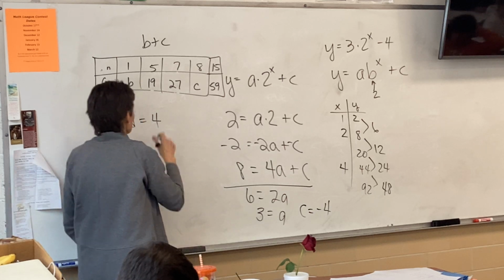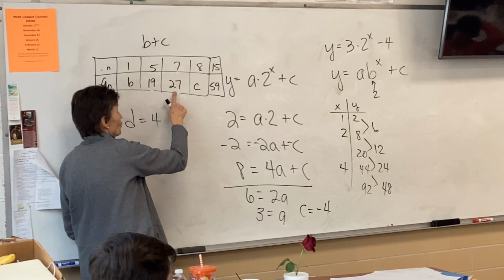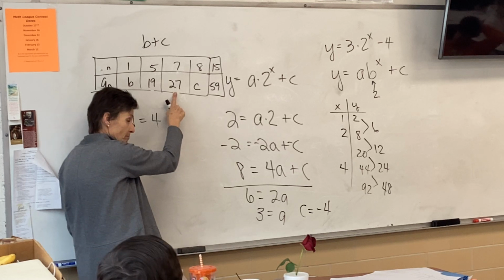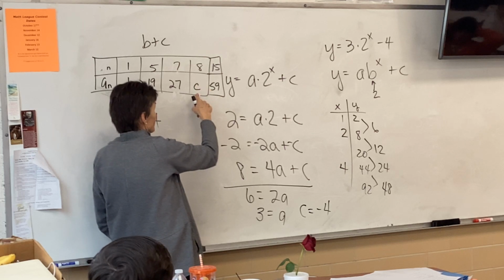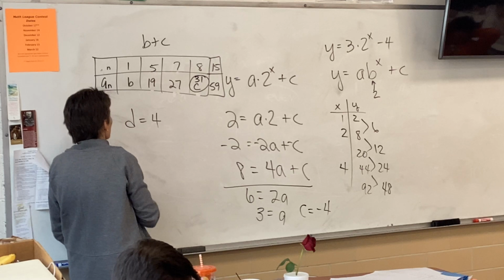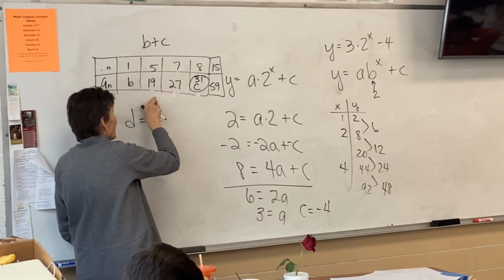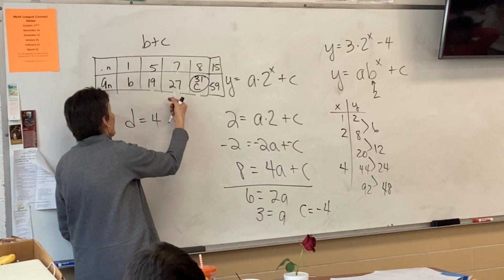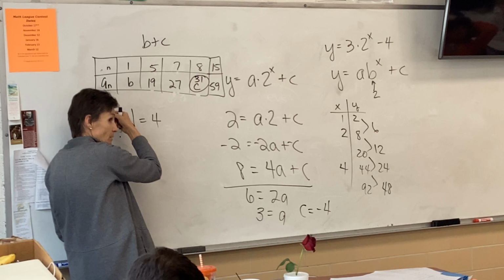Now, if my common difference is 4, and the 7th term is 27, then what does the 8th term have to be? 31, so C has to be 31. And working backwards, if I'm moving this way by adding 4, I'm going to go this way by subtracting 4.